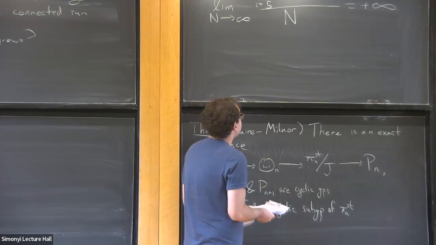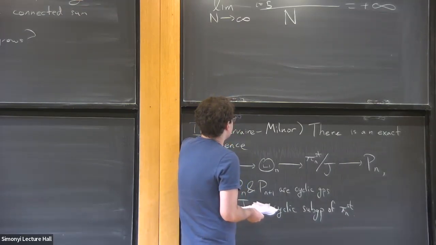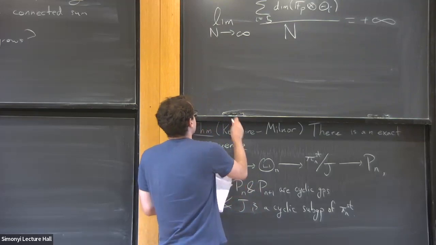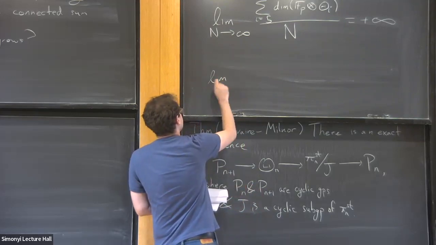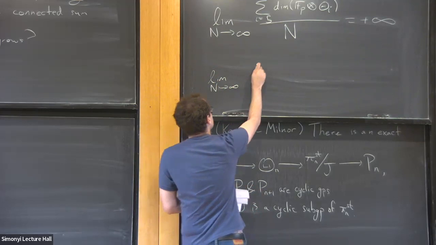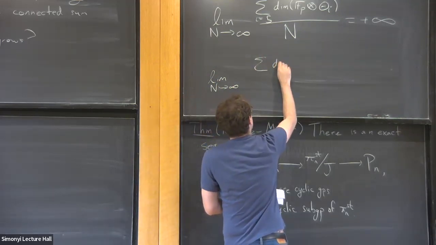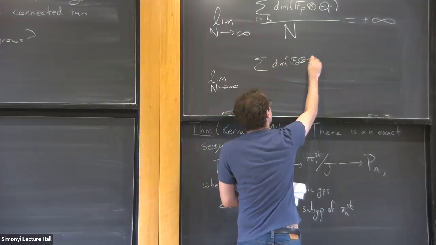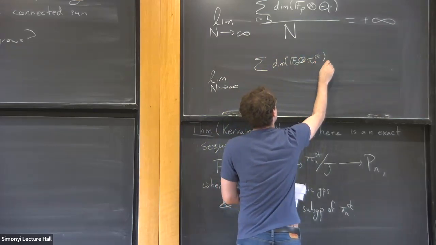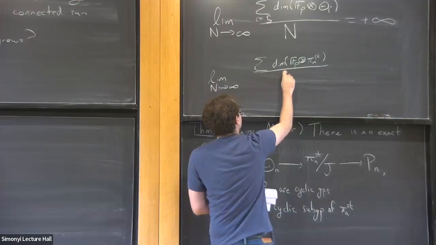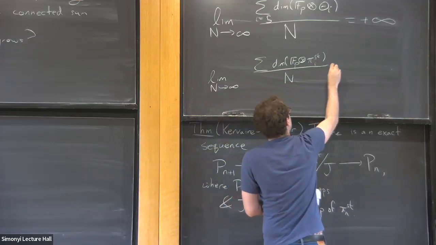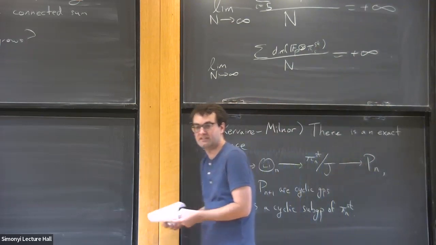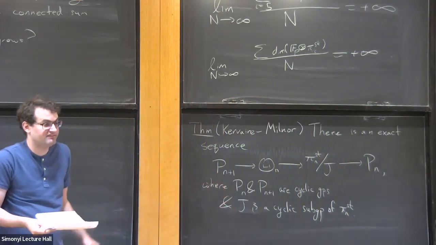So if I want to understand the asymptotics of β_n, I may as well study the asymptotics of the nth stable group, the nth group of the sphere spectrum, divided by n. And these are the same theorem, essentially, once one has this Cartier-Milnor theorem.